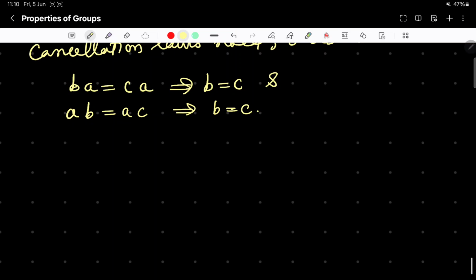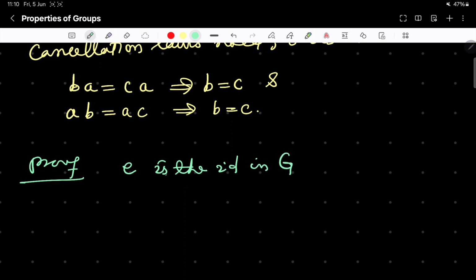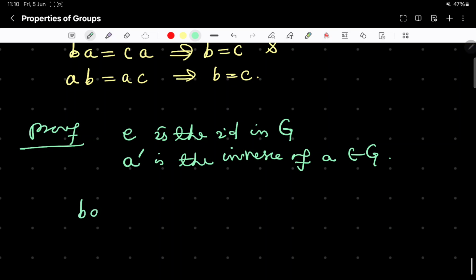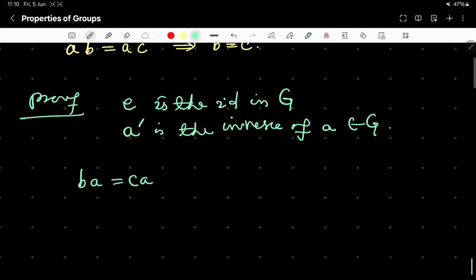So let's see a quick proof of it. For that, let's assume E is the identity in G, and A dash is the inverse of A in G. Now let's take B A equal to C A. Then you can operate A dash on the right side of the equation.